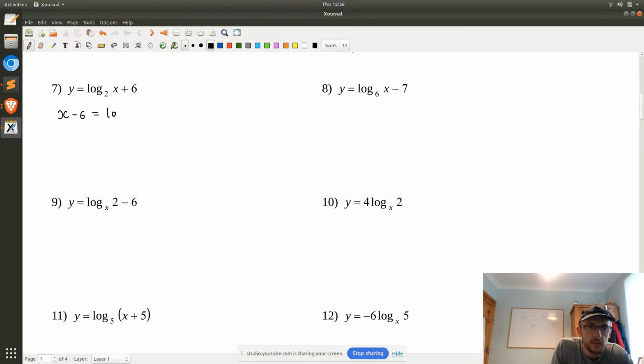First move is a swap and moving that 6 over to the left. And next move, 2 to the power of that, and swap the sides.